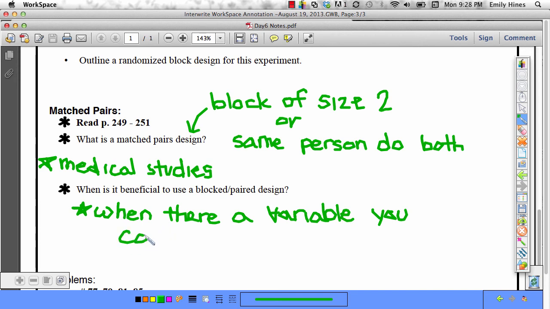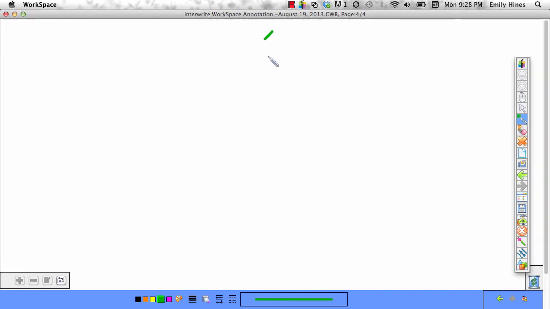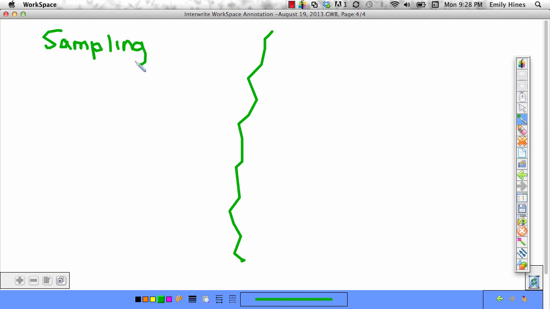Okay, I want to say one more thing. We've been through lots of experiment types and lots of sampling types. Something else that is very important is to keep them straight. Sampling has some terms and experiments have terms, and they sound like they would be similar, however they are still different. So in sampling, the most common one is called a simple random sample.